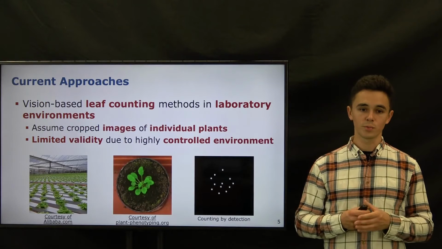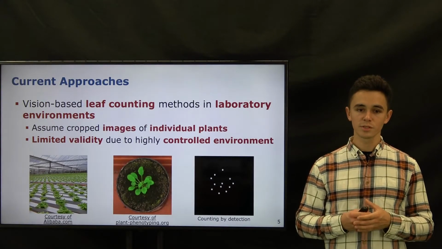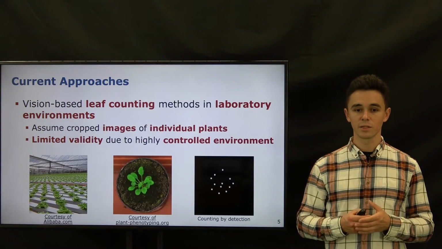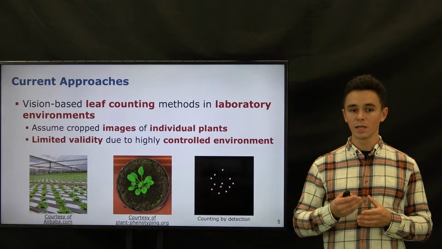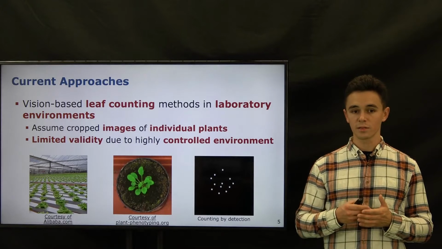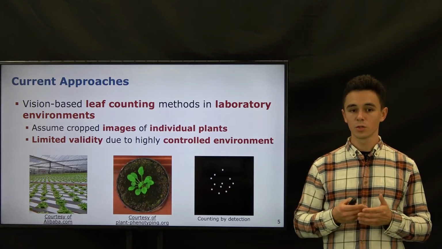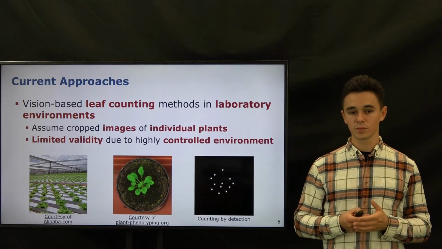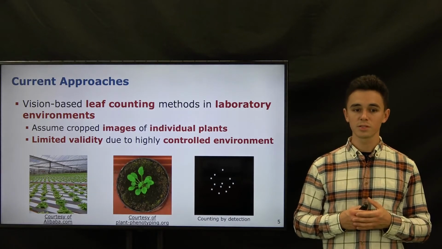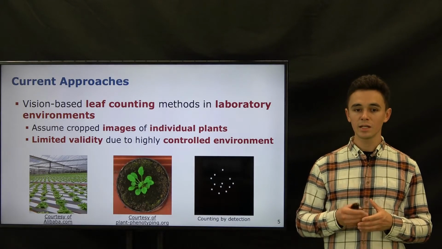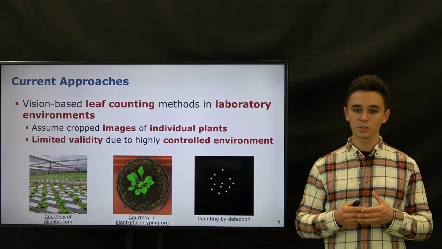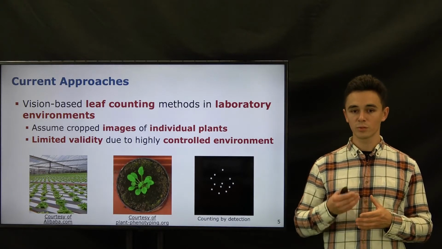Other vision-based approaches rely on images taken in laboratory settings, where images of individual plants are taken and methods to detect their leaves are applied to count the total number of leaves. However, this data is limited in validity since it's captured in a highly controlled environment in comparison to data from real agricultural fields.